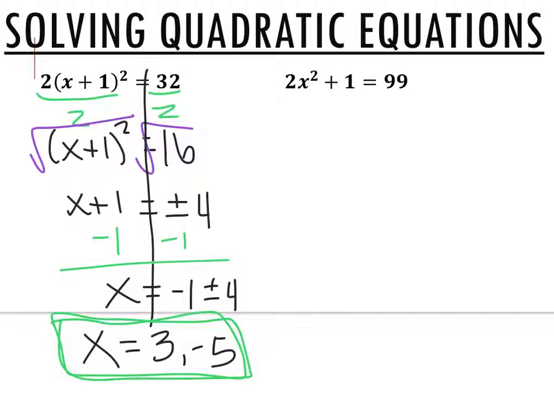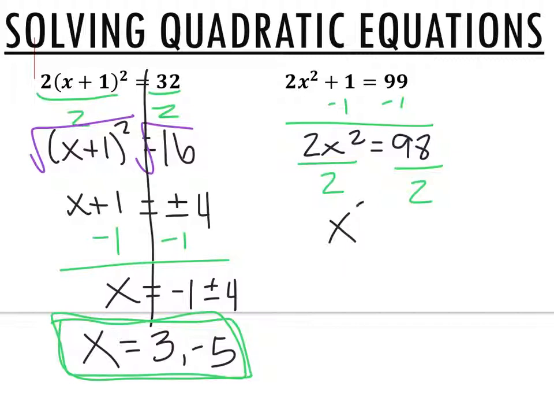I need to get the x squared by itself. The thing that's squared is not by itself. I need to get rid of the 2. I need to get rid of the 1. I'm going to subtract 1 from both sides first. So I'm left with 2x squared is equal to 99 minus 1 is 98. Then I'm going to divide both sides by 2.